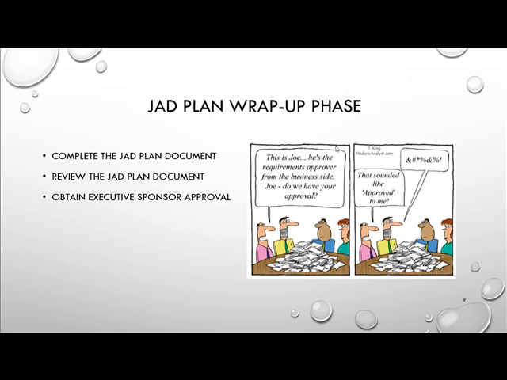Obtain executive sponsor's approval. Once the analyst makes the revision to the plan document, it is given to the session leader. The session leader submits the documentation to the executive sponsor for approval. Once approved, all participants will receive a finalized copy of the documentation.